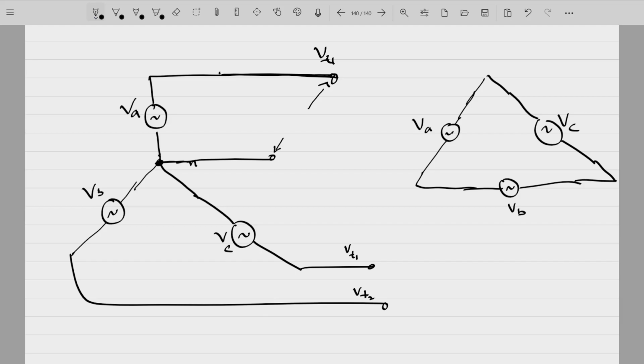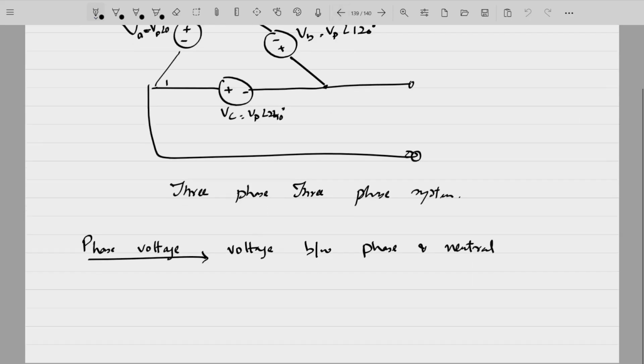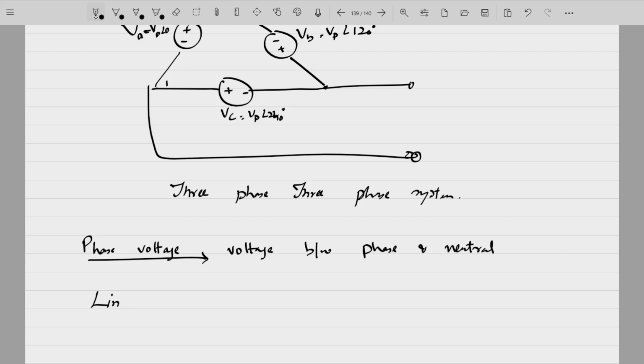Now you can also find the potential difference or voltage between terminal and terminal. Okay, across this terminal and this terminal there will also be some voltage difference. Whatever that voltage is, VT1 minus VT2, that will actually be VA minus VB in this case. That is known as line voltage.